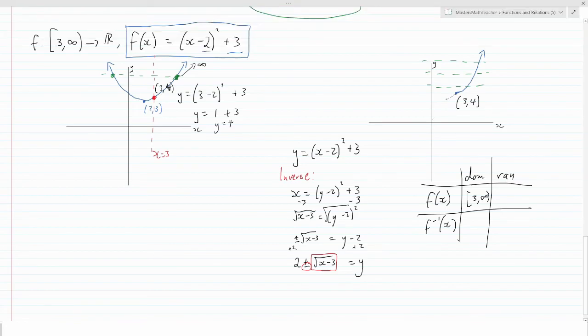The turning point was actually down here somewhere at 2, 3. This is not the turning point. So our range for our original is actually going to be 4 all the way up to infinity. So our range is 4 inclusive, because we let it equal 3, all the way up to infinity.